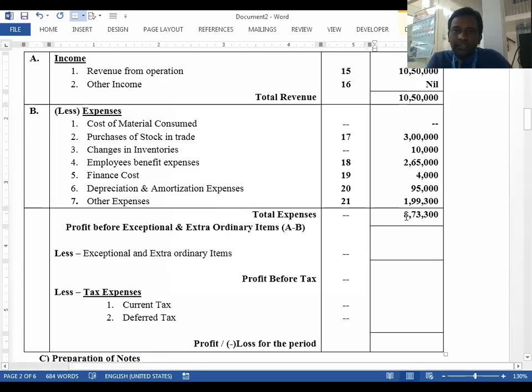Is it correct? Now total A minus total B: 10,50,000 minus 8,73,300. Profit before exceptional item and extraordinary item is 1,76,700.